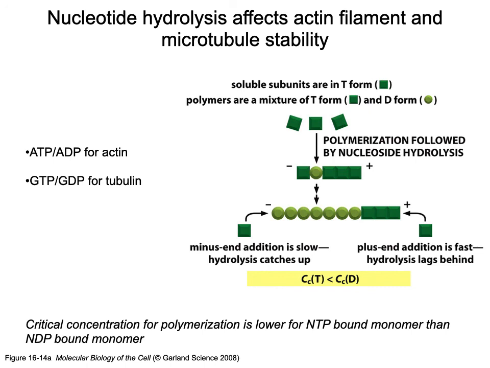On our plus end, hydrolysis doesn't occur as quickly, so we're going to have more of those subunits having the GTP, the T form, so we can more quickly add additional subunits onto this polymer, right? And the same process also happens for actin, but with ATP and ADP.